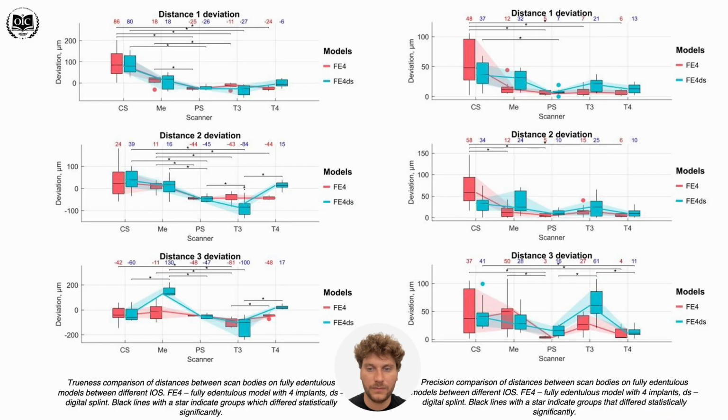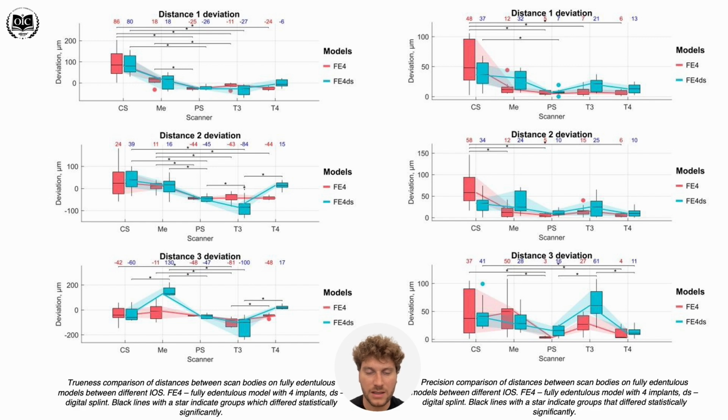As a result, we noticed that in full arch edentulous cases, digital splinting made no statistically significant differences in both trueness and precision. And the tendency was that the longer the distance between the scan bodies, the bigger the deviations that occur.